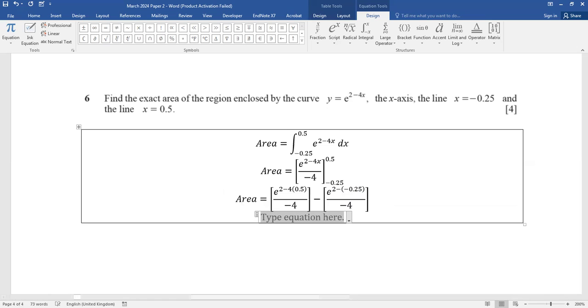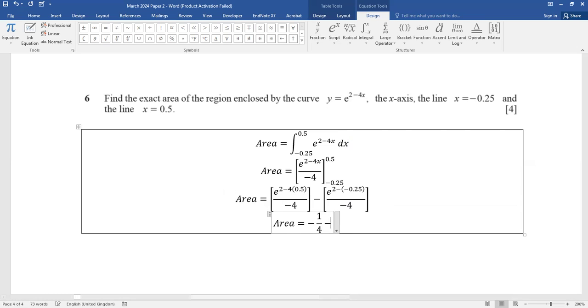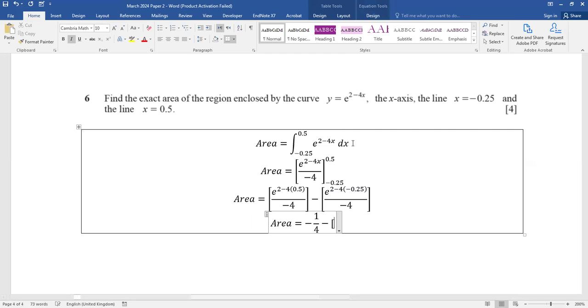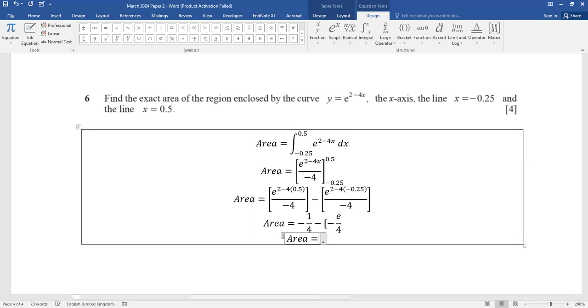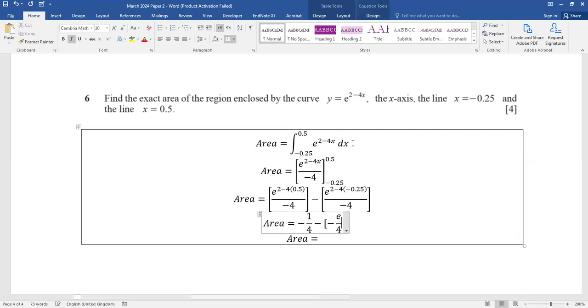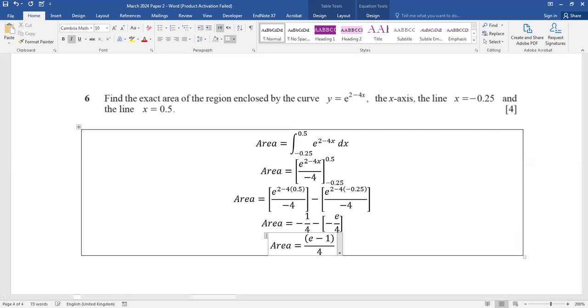Because it is exact, we'll keep our answer in terms of e if we need to. e to the power 0 is 1, which is minus 1 over 4, minus, and sorry, so this will be minus e upon 4. So the area that we will end up with is e minus 1 upon 4.